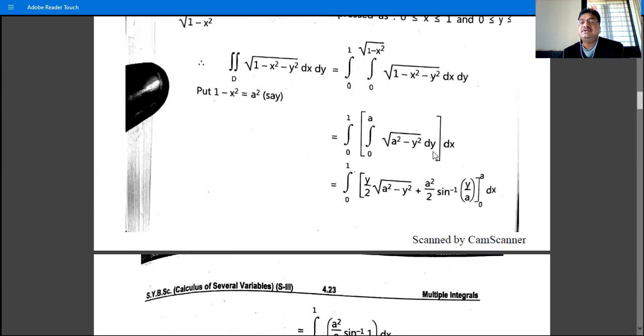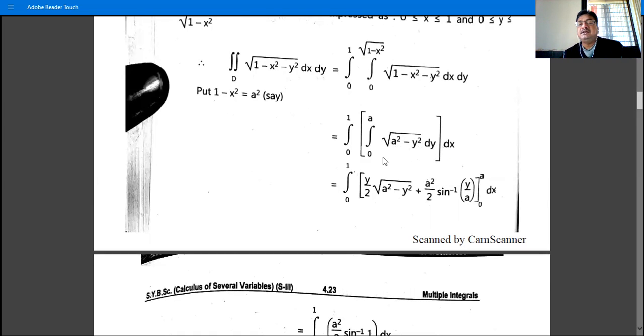Now integration is with respect to y, which means 1 minus x square is a constant quantity. Suppose 1 minus x square is a square, so a is root of 1 minus x square, and y goes from 0 to a, of root a square minus y square dy dx.